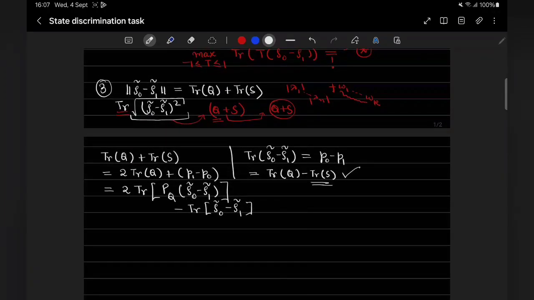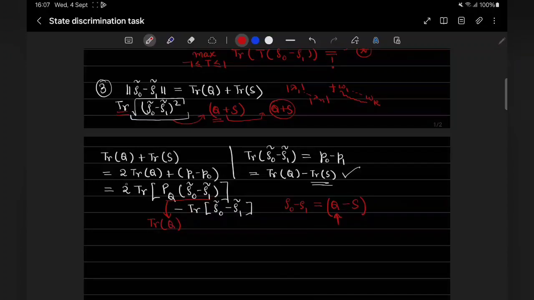So here rho 0 minus rho 1, so let me use a different color. Rho 0 minus rho 1 can be written as Q minus S, right? And when I project onto the Q sector, because Q and S are orthogonal sectors, I will only get this contribution. So this entire thing that I have here is just simply trace of Q.